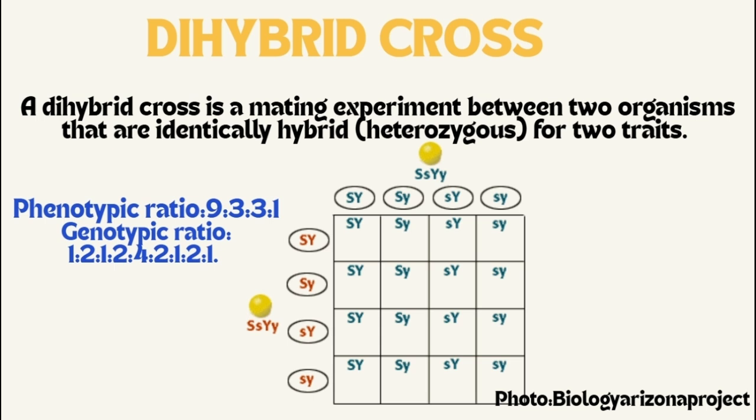So we're going to end up with 16 boxes in order to do a dihybrid cross. And the phenotypic ratio is going to be 9 to 3 to 3 to 1. For the genotypic ratio, you're going to end up with 1 to 2 to 1 to 2 to 4 to 2 to 1 to 2 to 1. So this is what is expected at the end of the day for the dihybrid.